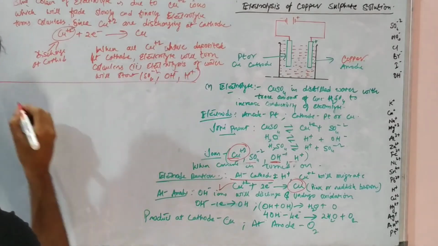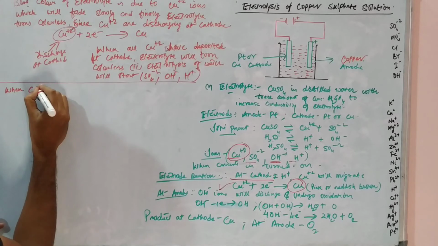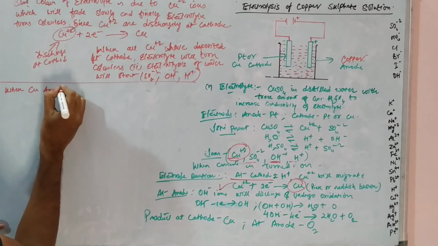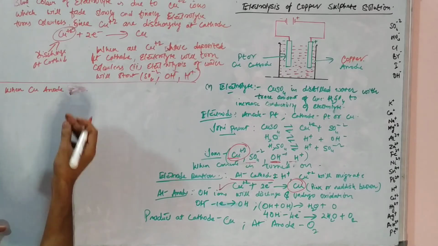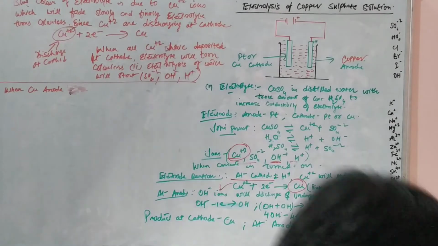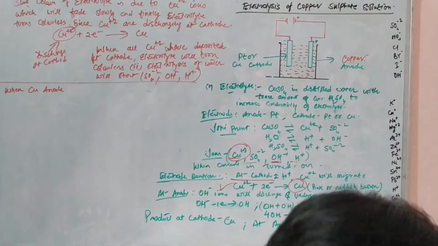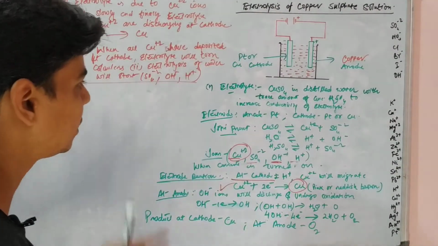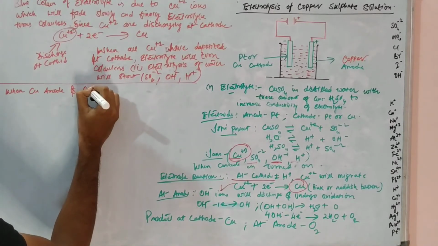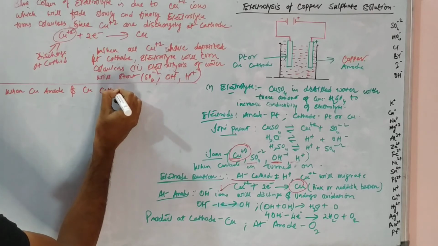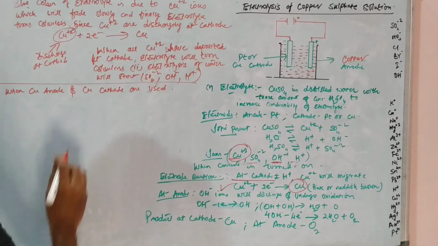When a copper anode and copper cathode are used, or the anode and cathode can be of platinum or copper, it doesn't matter. When a copper anode, let's say, and copper cathode are used, let's see what will happen.